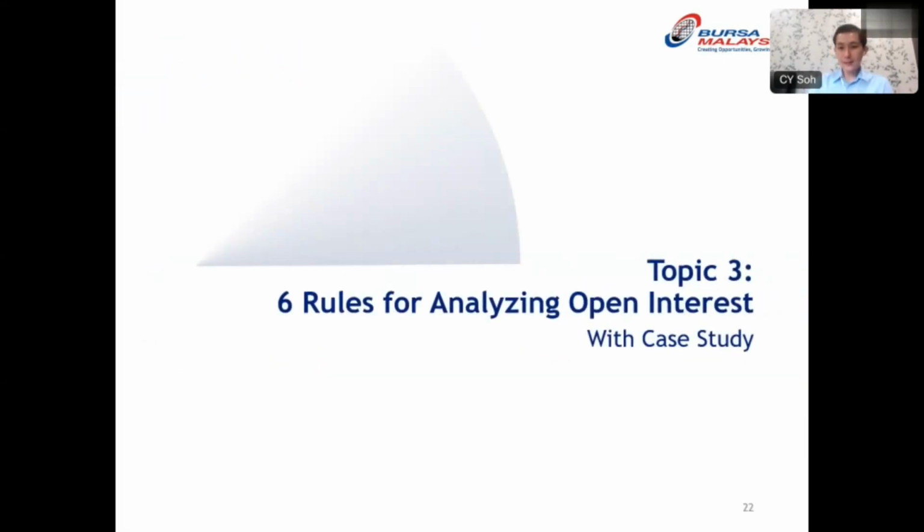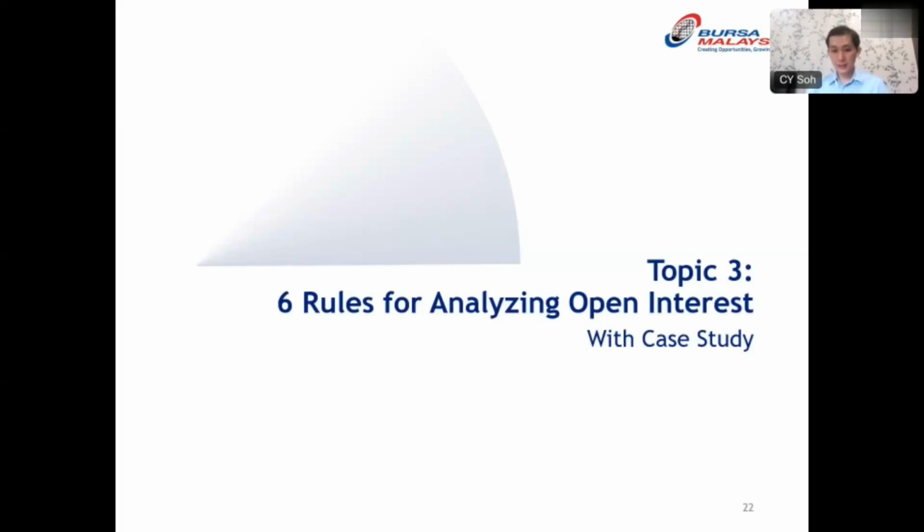Now, thirdly, now that you already know what open interest is, the mechanism of it, and the basic interpretation, we are going to apply this concept with some examples. Here, there are 6 ways you can analyze open interest. Of course, interpretation is subjective.